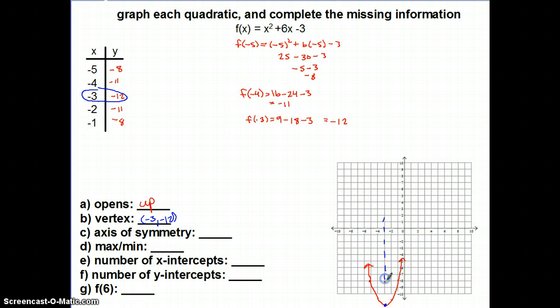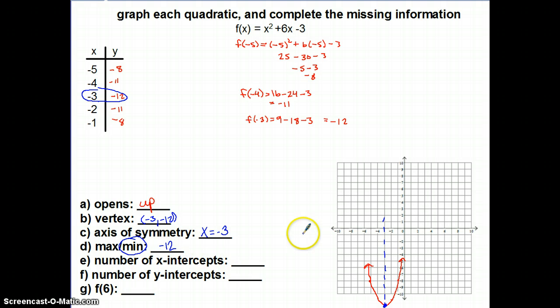Remember, any vertical line has the form x equals a constant number, and here the x value is -3, so x equals -3. The minimum value is the y value of the vertex. Here it does have a minimum since it opens upwards and it continues increasing upwards forever, but this value here at the vertex is the smallest we will get. The minimum value is -12. That's the y value of the vertex.